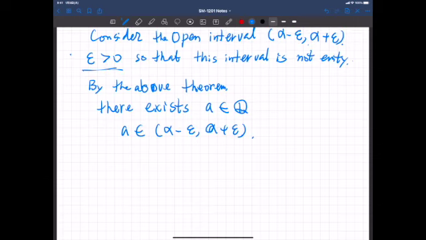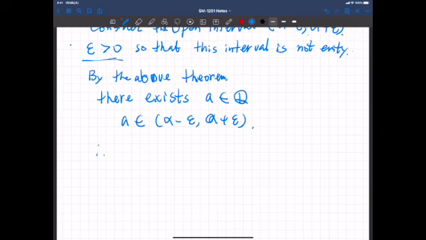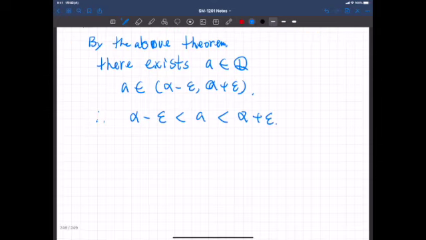But this means, therefore, alpha minus epsilon is less than a and a is less than alpha plus epsilon. So this means minus epsilon is less than a minus alpha, which is less than epsilon.